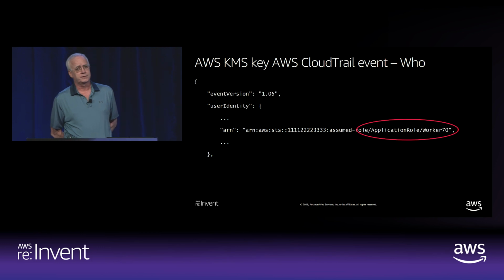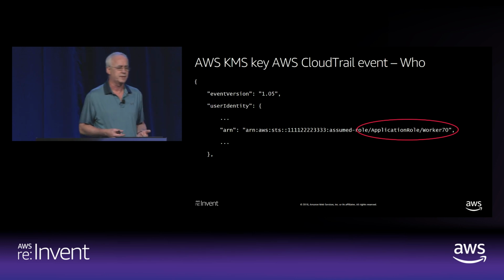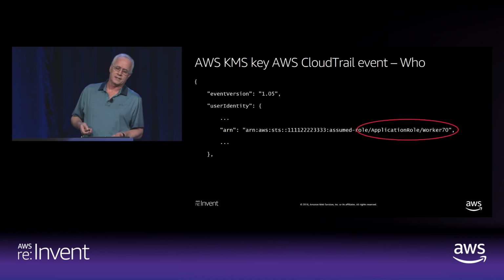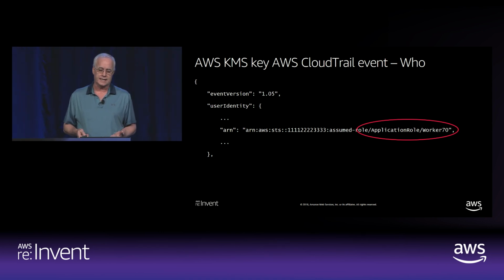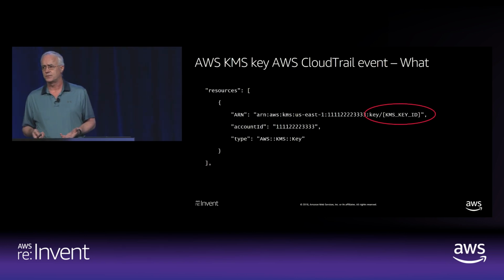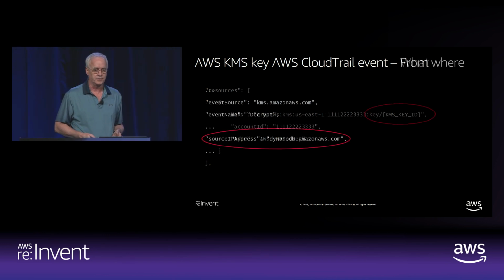When the key is used, so when a user goes and accesses an encrypted table that's protected by the key, or when the user creates a new table, you'll see CloudTrail logs. And in the CloudTrail log, we'll identify who took the action. We'll identify what key was used during that action. So this would be your normal standard AWS managed key for DynamoDB.